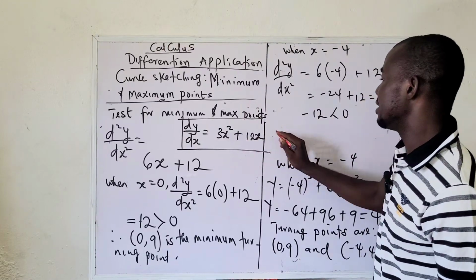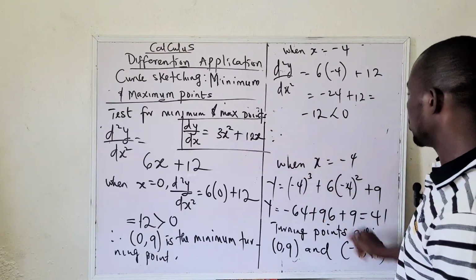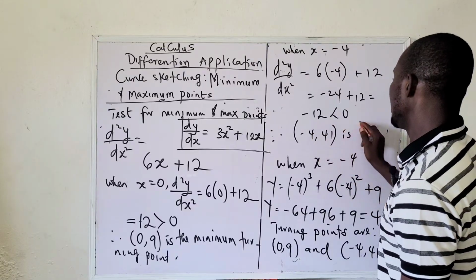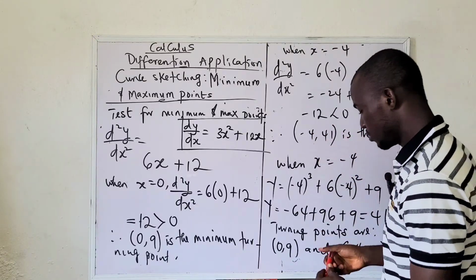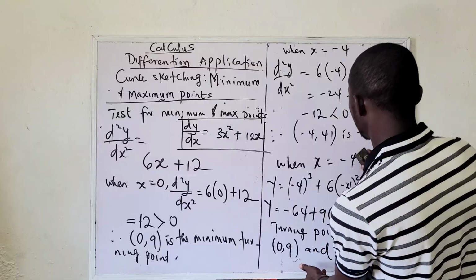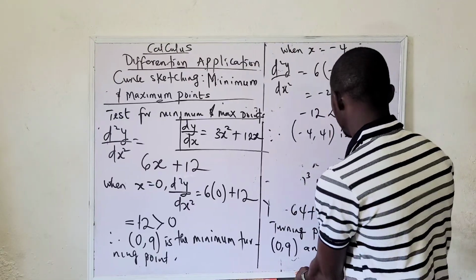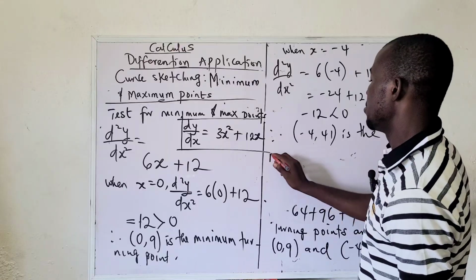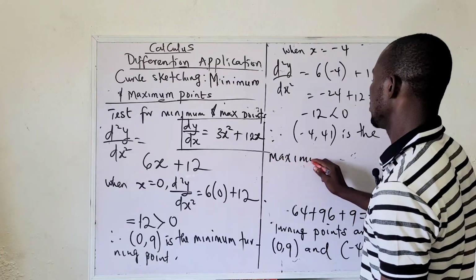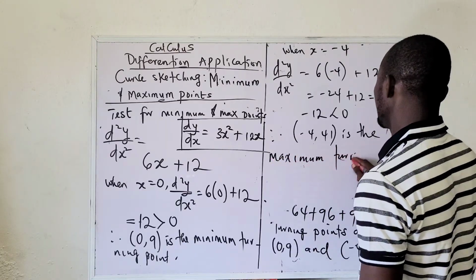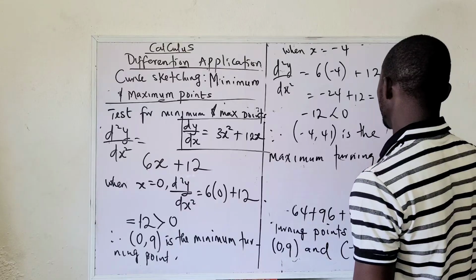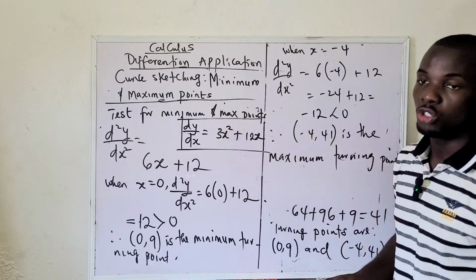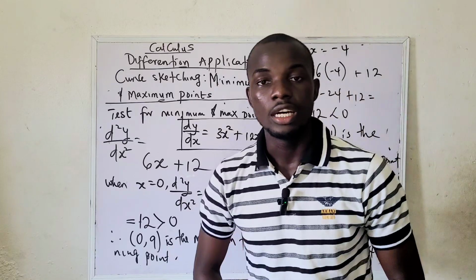So we can say, therefore, the second point we had, that is (-4, 41), is the maximum turning point. And that is it. That's the solution to the question that was written.